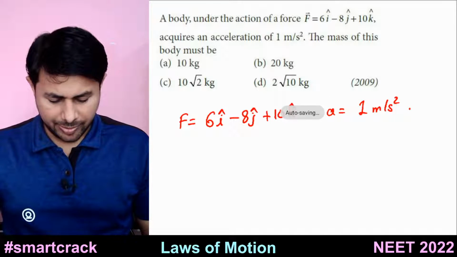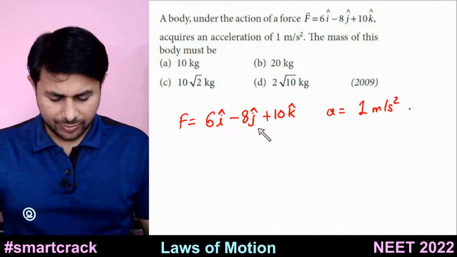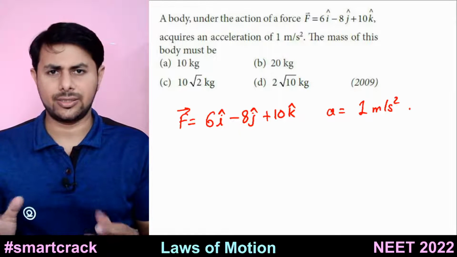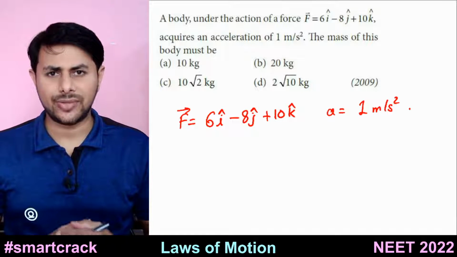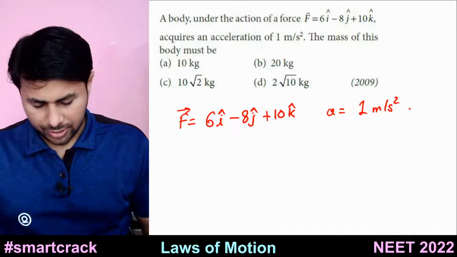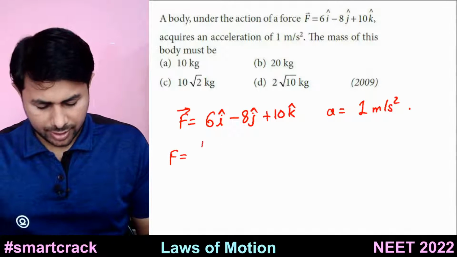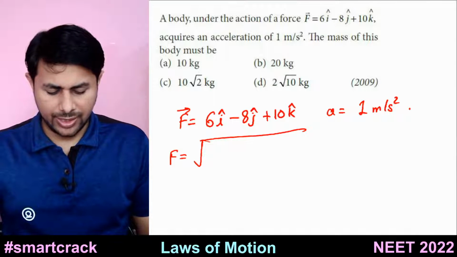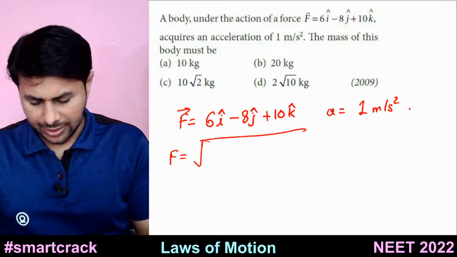Okay, but before that we are given force in the vector form and acceleration is scalar. That is, we know only the magnitude of acceleration. So we need to find out magnitude of this force. So what will be magnitude of force? It is square root of fx square plus fy square plus fz square, right?